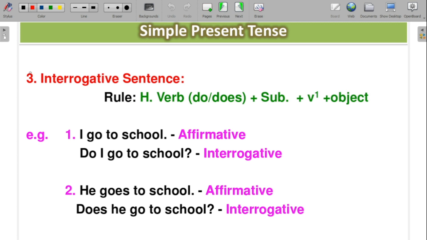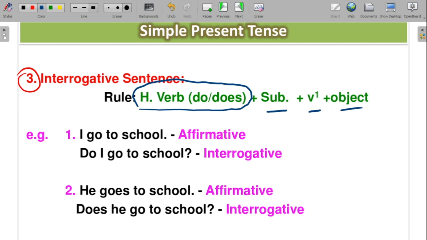Here it is the interrogative sentence. See, here also it is the same. The rule here is the helping verb will come first. When we make the interrogative sentence, the helping verb comes first, then the subject, verb first form, then object. Here the example is, I go to school, affirmative sentence.